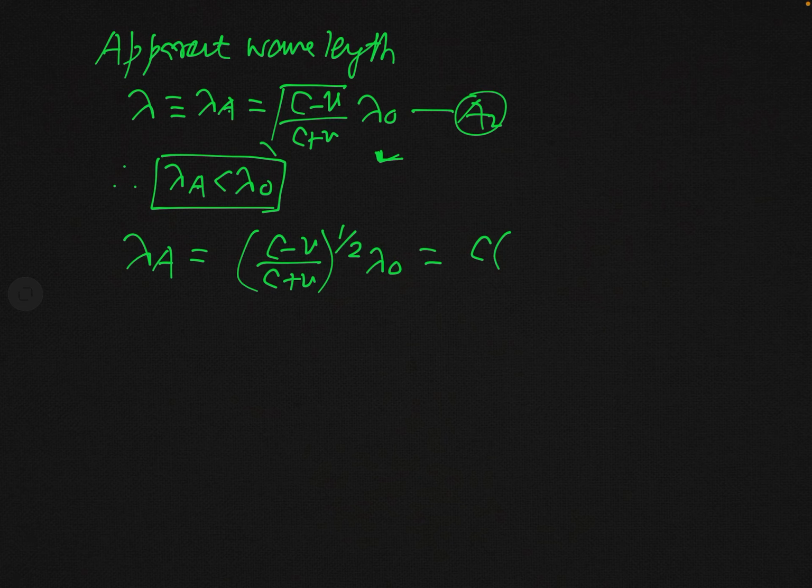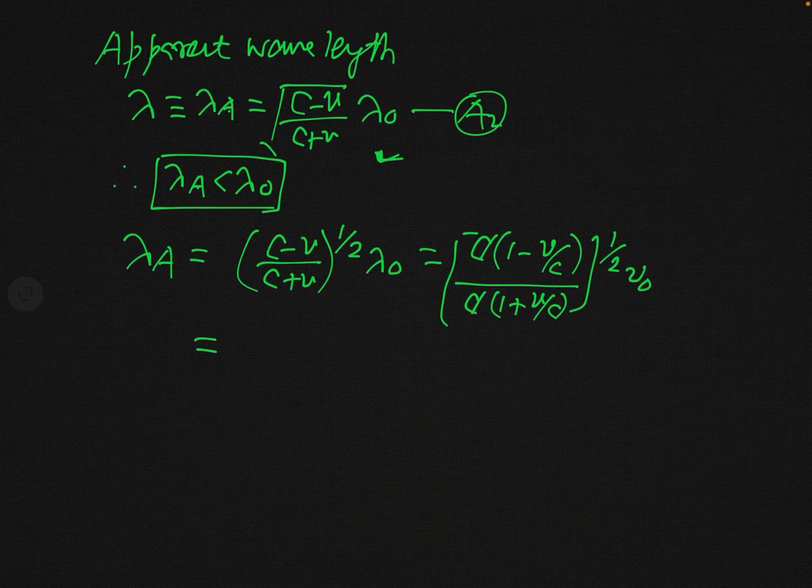Now let us take this c as a common factor in both numerator and denominator. What will be our result? This will be c into 1 minus v over c divided by c into 1 plus v by c, whole to the power half into lambda naught.